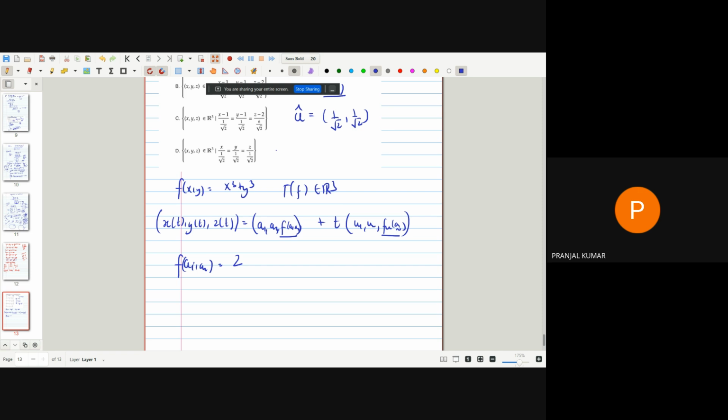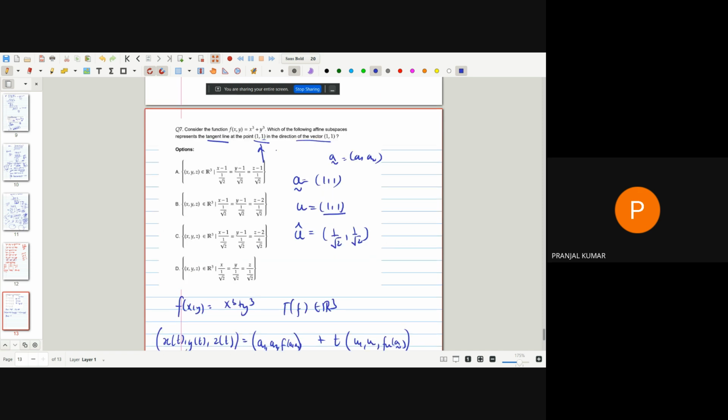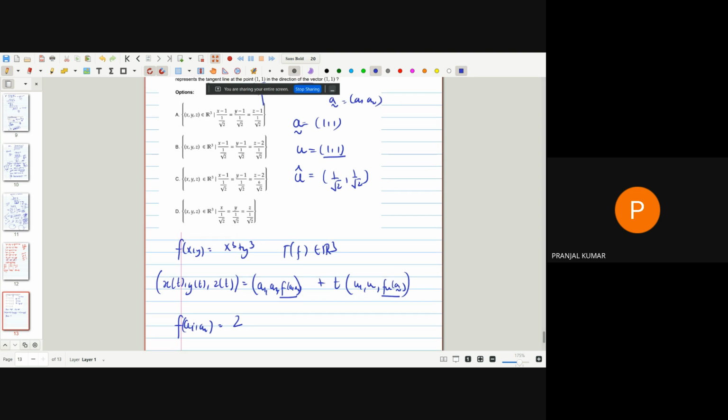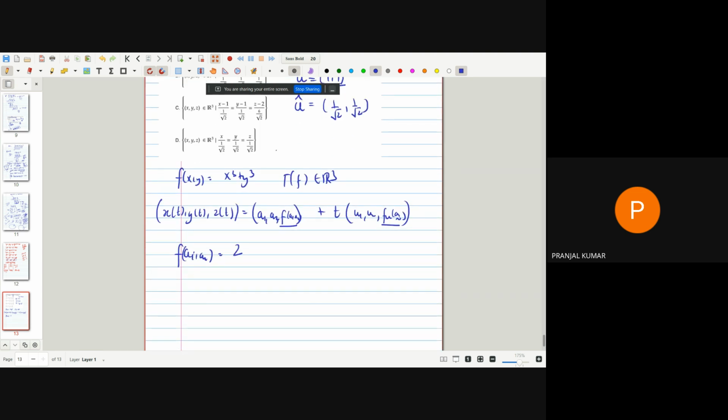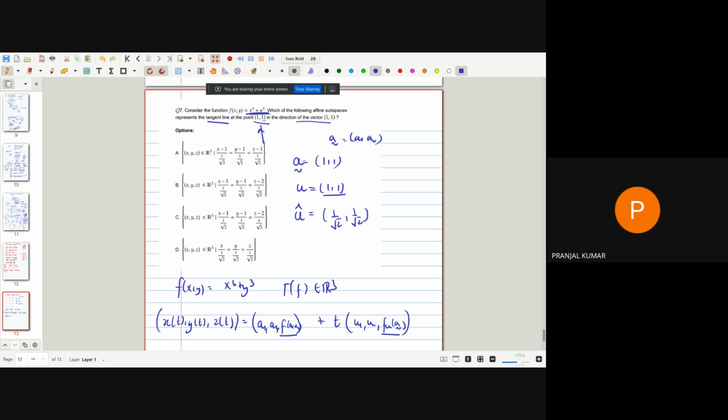Now again, this function is a nice polynomial function, so the directional derivative will obviously exist at the given point. Whenever these questions are asked, if an option says the directional derivative does not exist, that is, the tangent line is not possible, then you should be cautious.